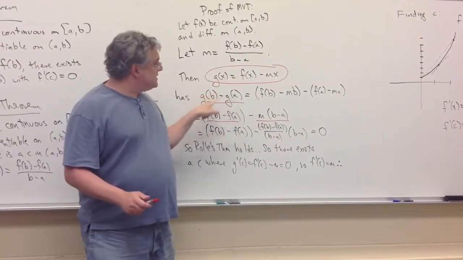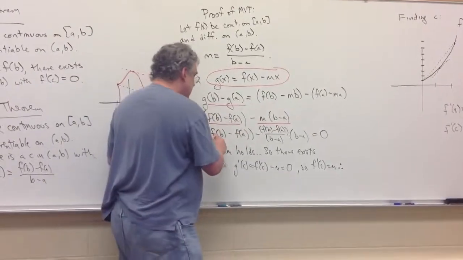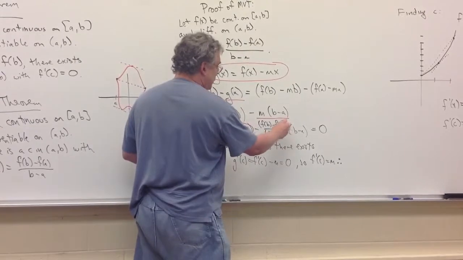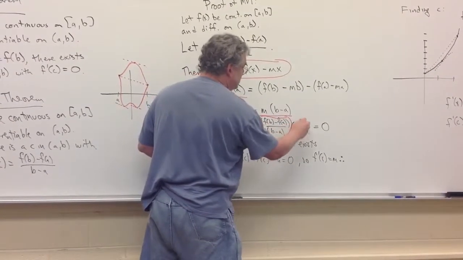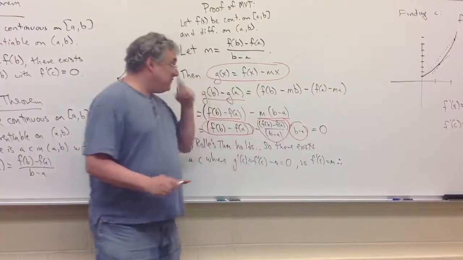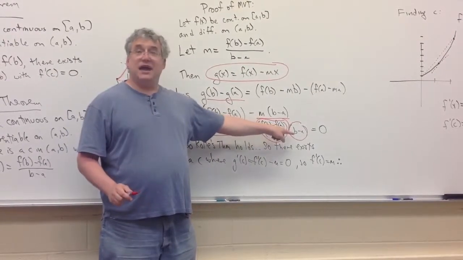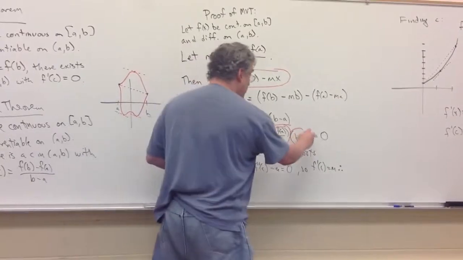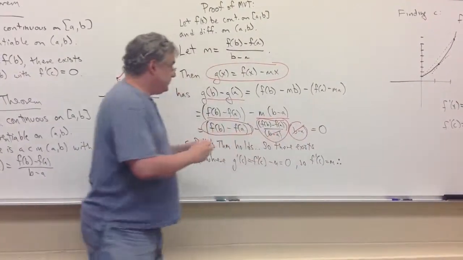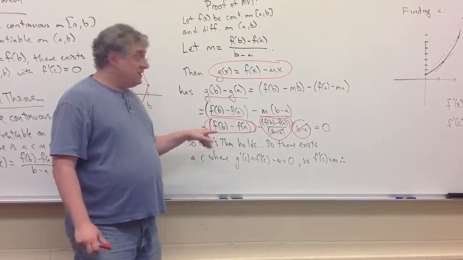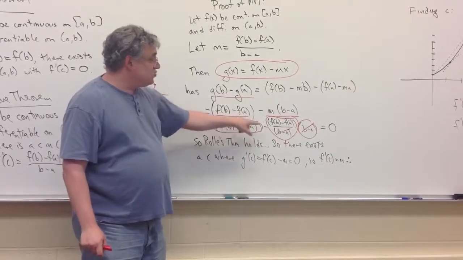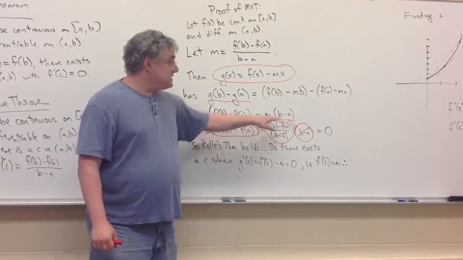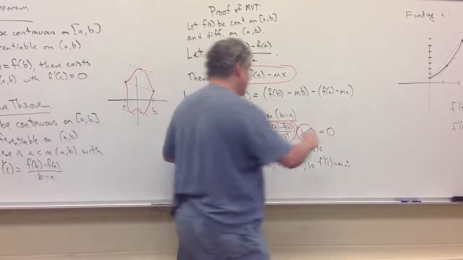All I'm doing is taking this and expanding it out, and I get f of b minus f of a minus that slope times b minus a, because that's right there. Now, when I have this times this, divided by that, this and this are the same, aren't they? So I'm going to cancel right here and right here. What did I get? I got f of b minus f of a subtracting the quantity f of b minus f of a. So I got this minus itself is 0.